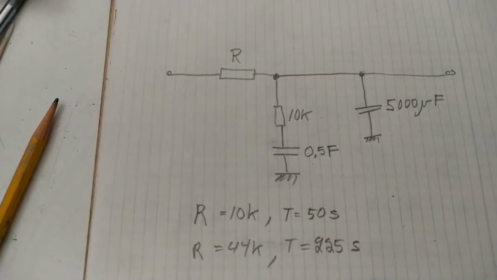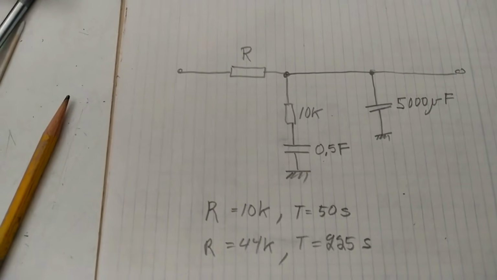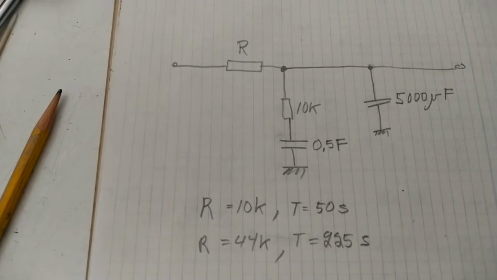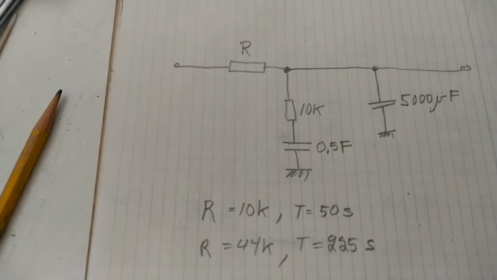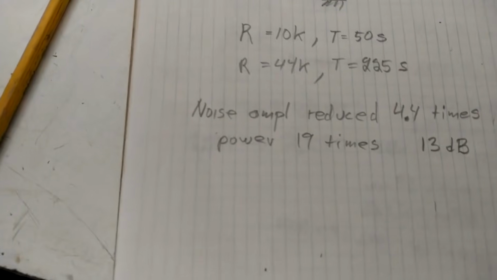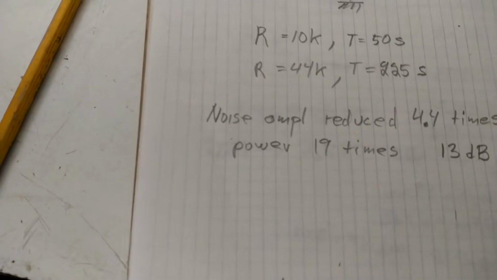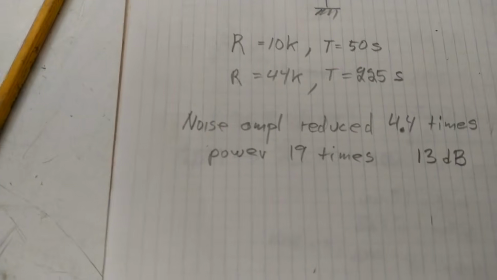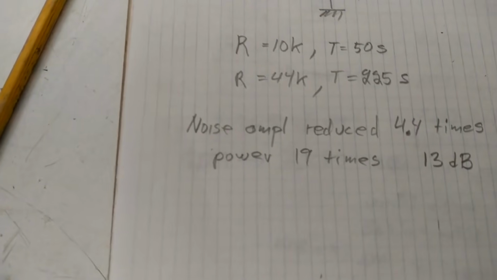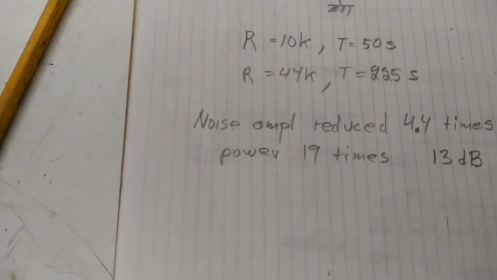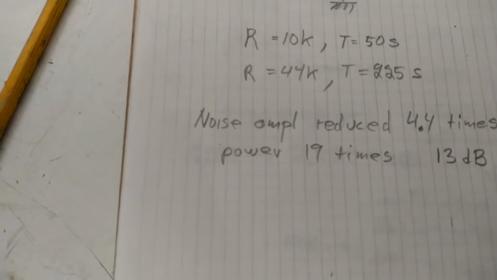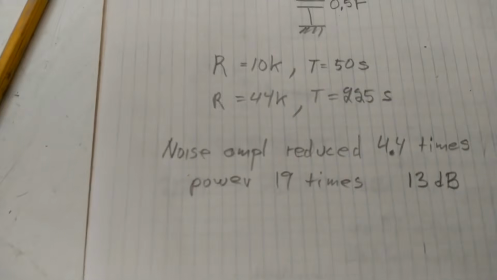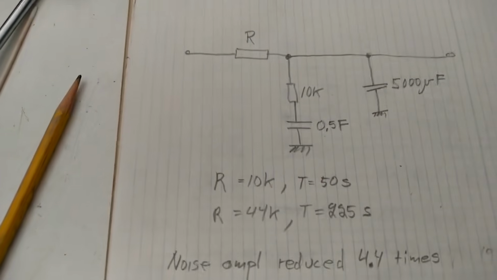Means R times C is increased from 50 seconds to 225 seconds. That should reduce the amplitude of the noise modulation by a factor of 4.4 in amplitude, or 19 times in power. That's 13 decibels. But this change made no difference at all.